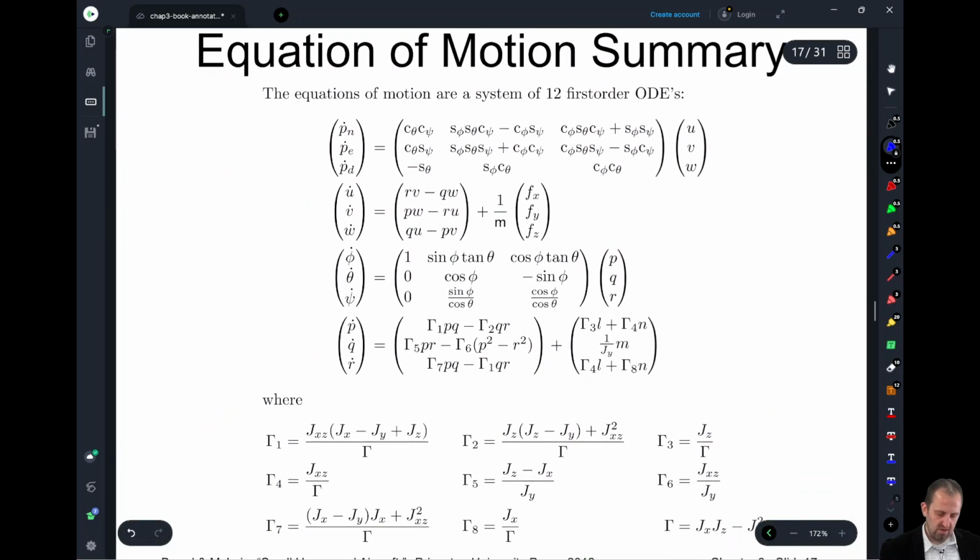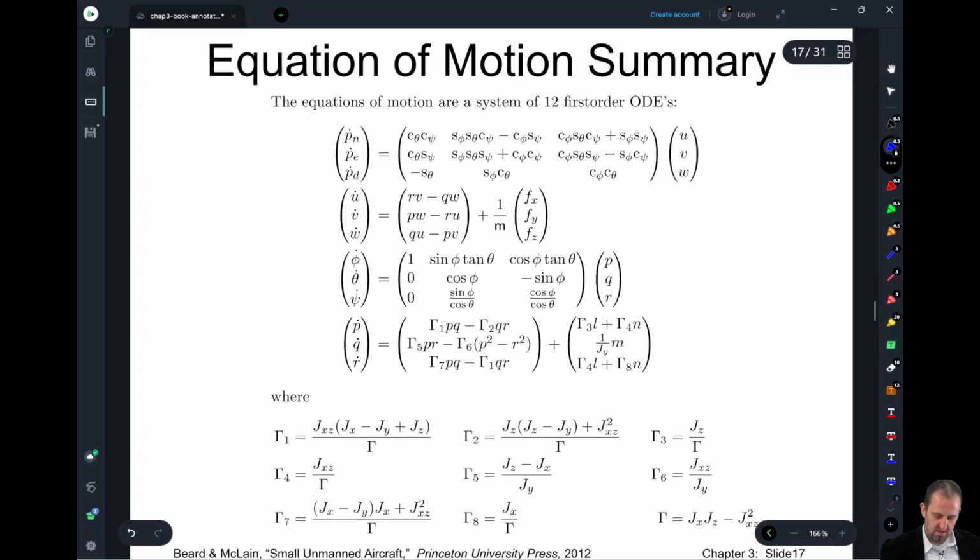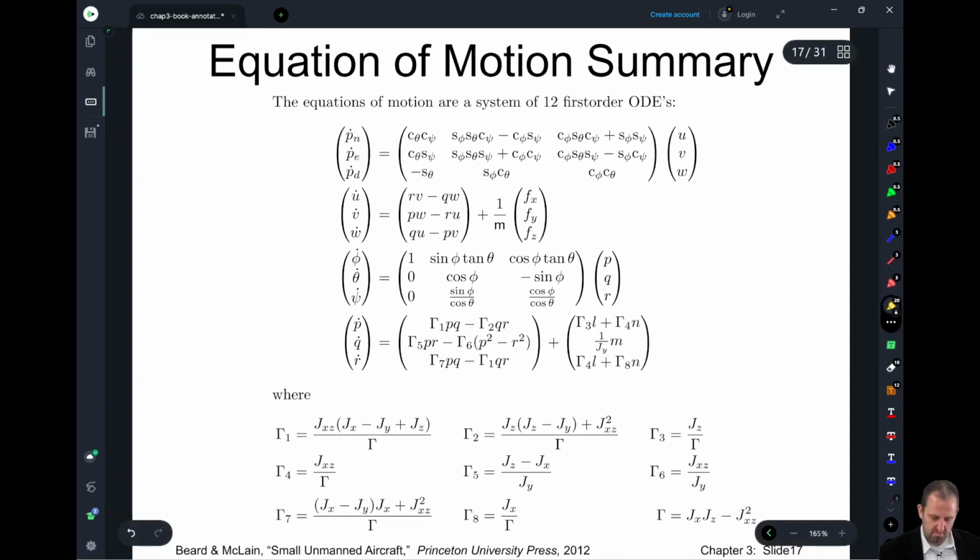Okay, so now we have our full 12 degree of freedom model, which is really great. It's expressed in terms of first order ODEs. This is often referred to as a simulation equation, which we'll get into in a future lecture.